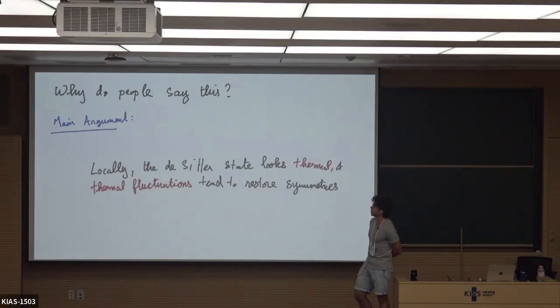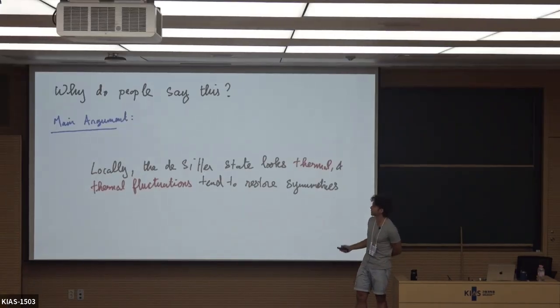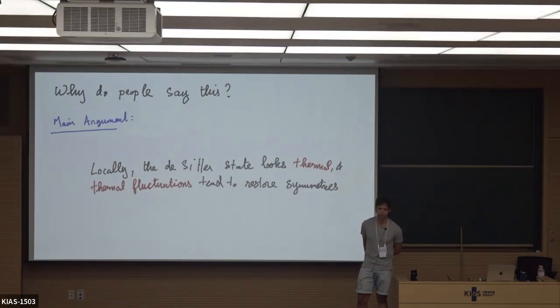And the reason that people make this claim is that, well, you may have heard this, but de Sitter space has a temperature. So physics locally looks thermal. And whenever you have a thermal state and a global symmetry, thermal fluctuations restore that symmetry.